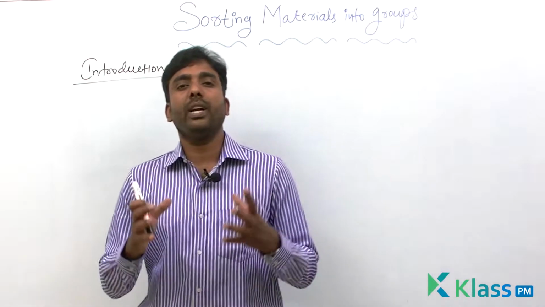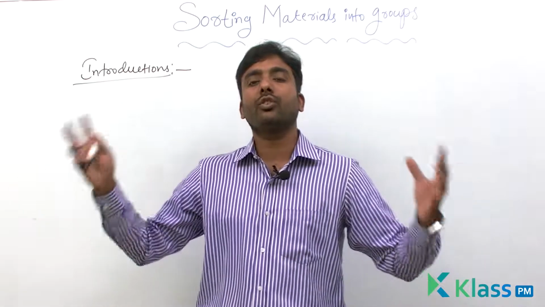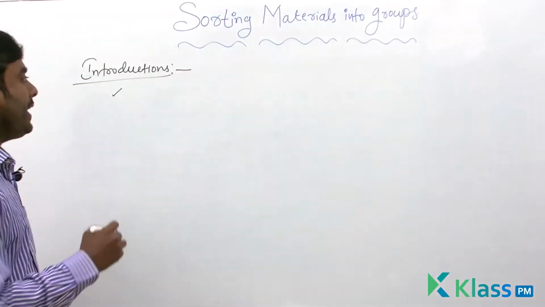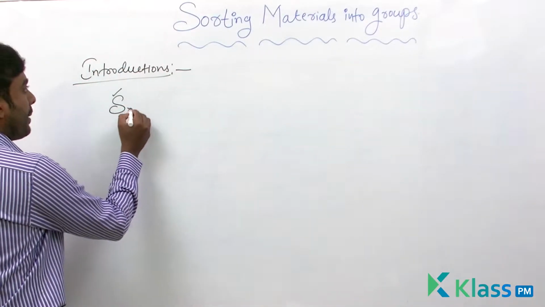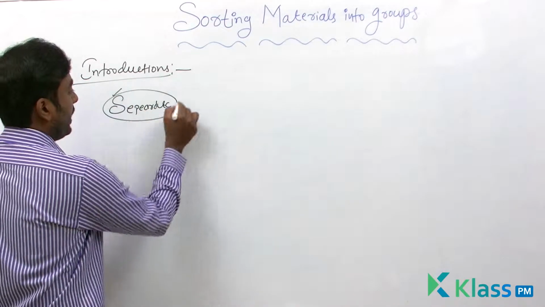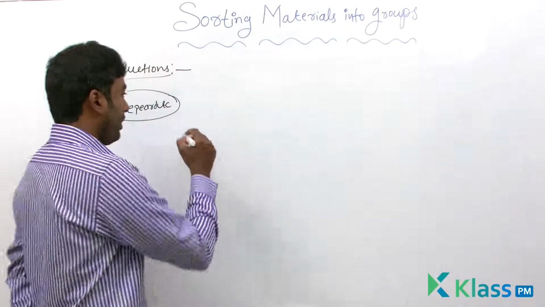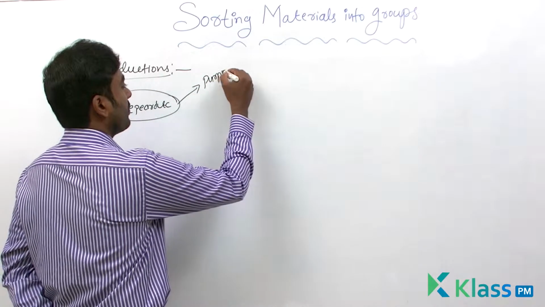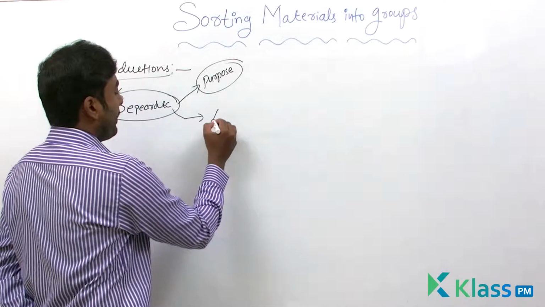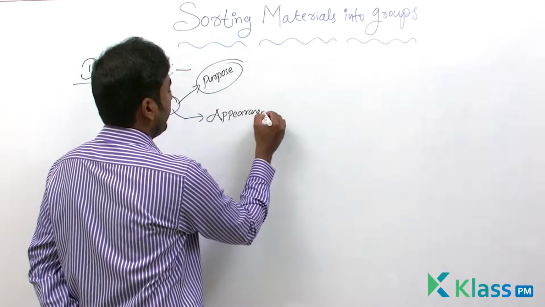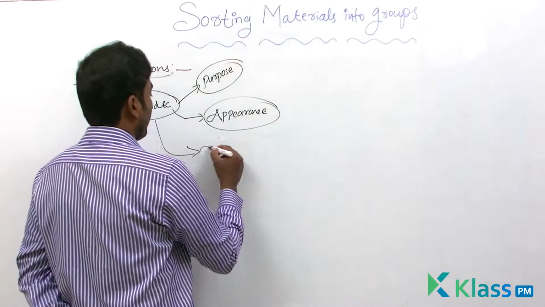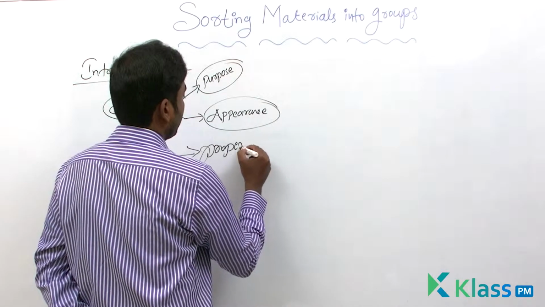For this purpose, we have to sort the materials into groups. For what purpose? Introduction, what we learn? We have to segregate or separate materials based on their purpose, for what purpose we are using them. The other one is their appearance, how they are appearing, or simply you can say based on their properties.